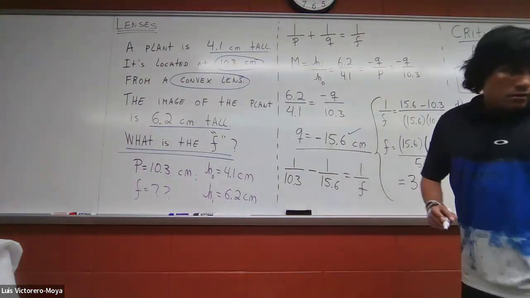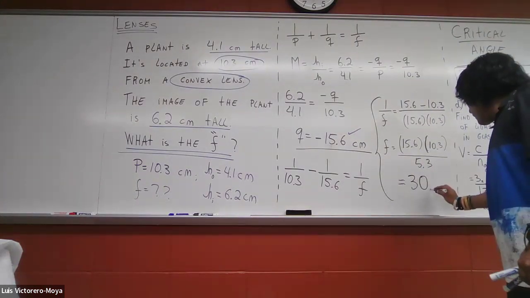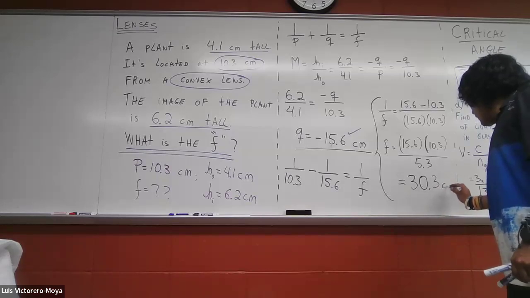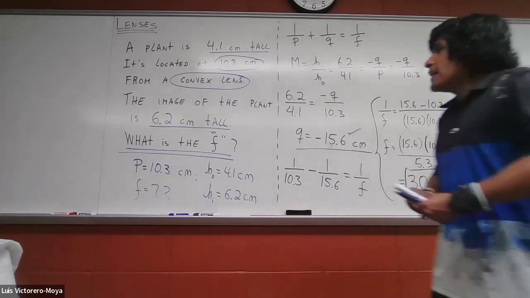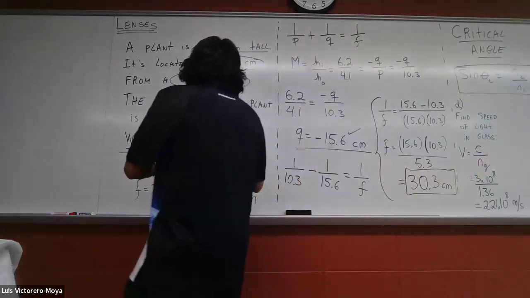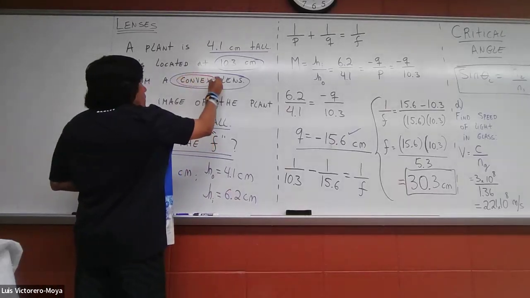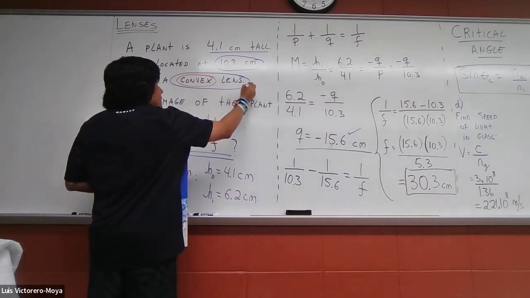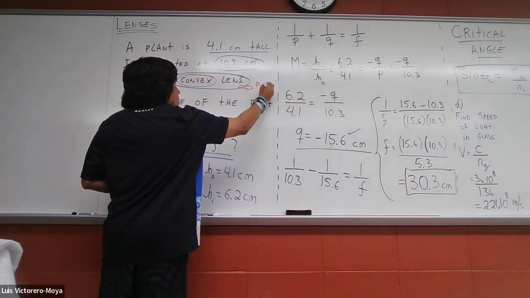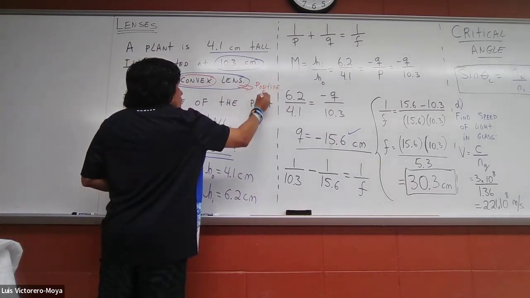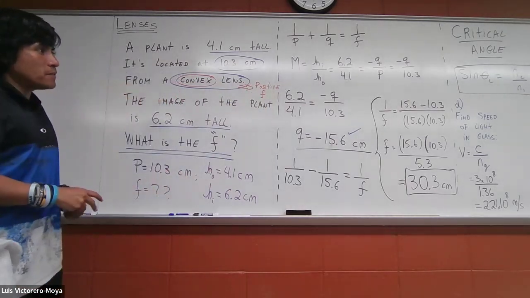So I get a positive focal length. Yes, it's correct. Why? Because it's a convex lens. A convex lens has positive focal length. All right? So the math makes sense.